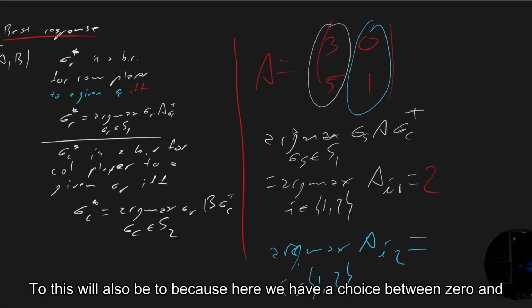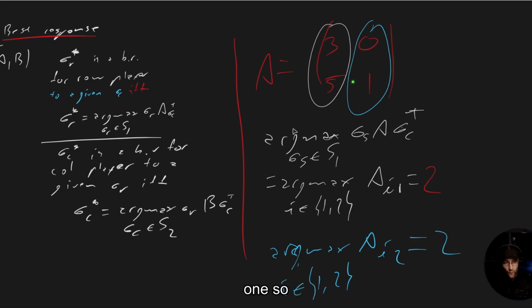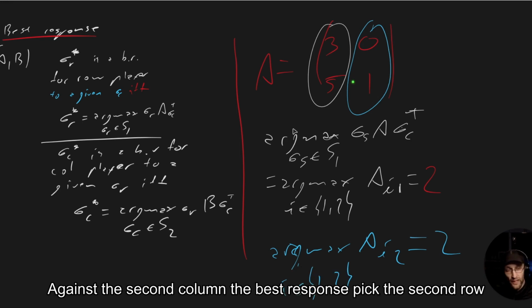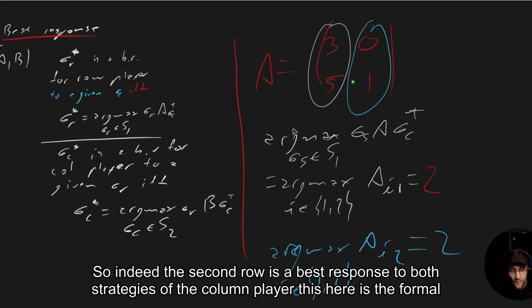This will also be 2 because here we have a choice between 0 and 1. So against the first column, the best response is to pick the second row. Against the second column, the best response is to pick the second row. So indeed, the second row is a best response to both strategies of the column player.